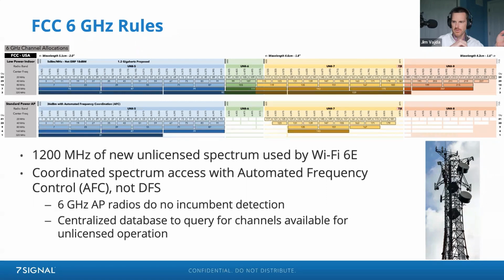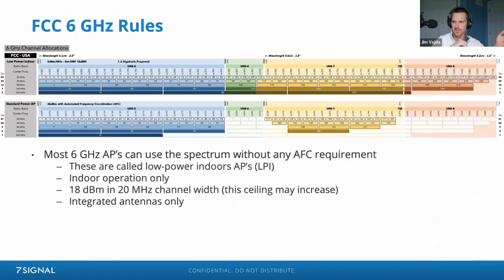And we know that's a problem with DFS, false positives, and so forth. We don't have that problem anymore. And the best part is most APs can use the spectrum without any AFC requirement at all. Those are what's on the market today for Wi-Fi 6E.